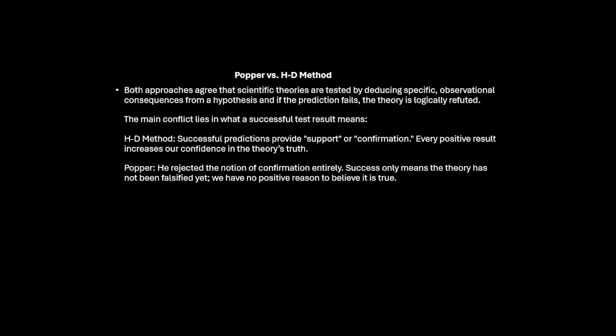The main difference is that Popper rejected the confirmation aspect of hypothetical deductive method. For Popper, the importance of deduction was not to support a theory, but to provide a way to refute it. He argued that while you can never prove a theory to be true, you can prove it false.